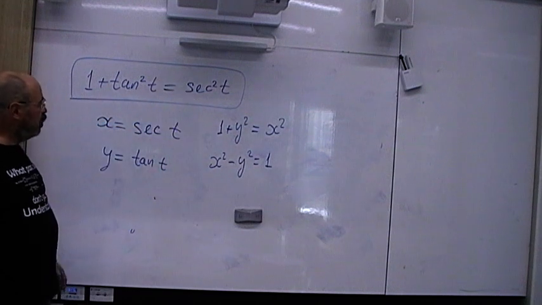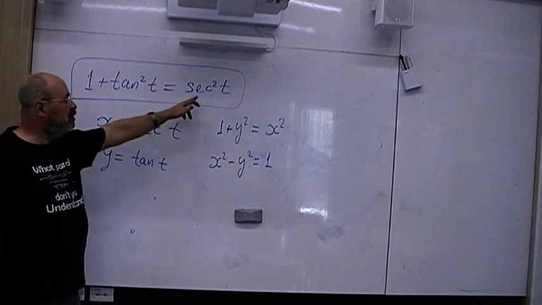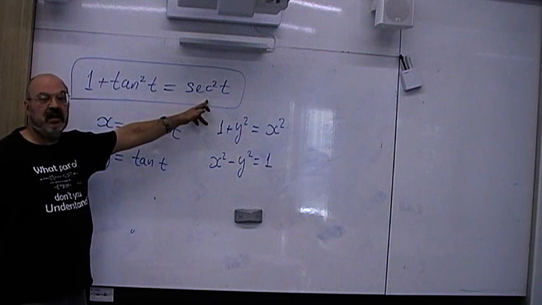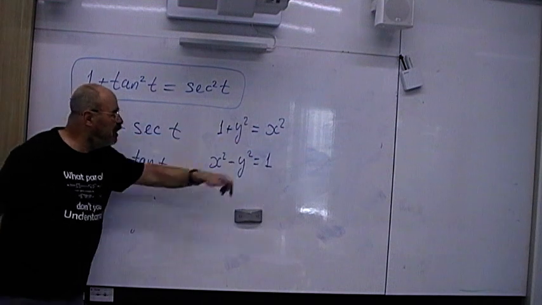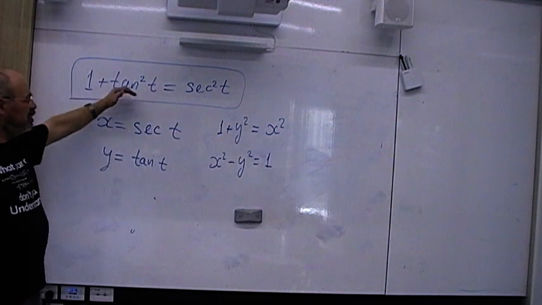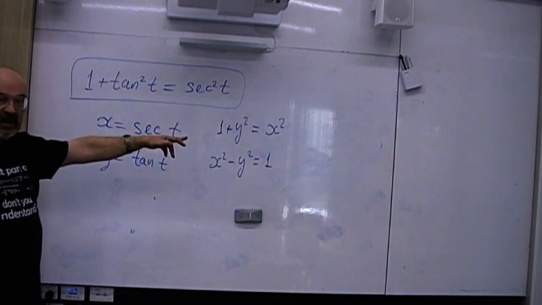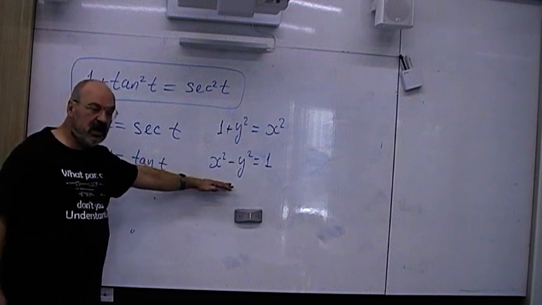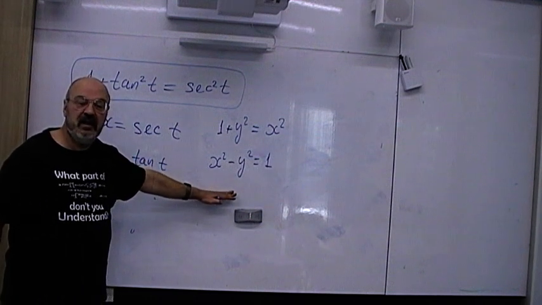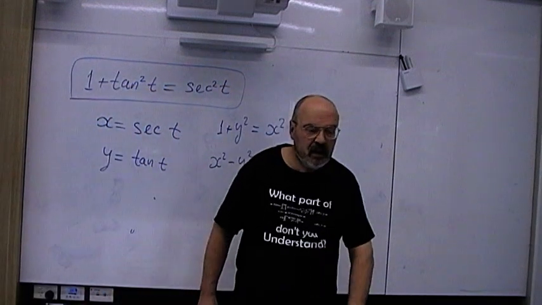Now, x is secant t, so what is secant squared? x squared. If y is tan t, tan squared is y squared. So we got 1 plus y squared equals x squared. What shape is that? Hyperbola. What if my x is x on 2 squared? Do I just still move in y?